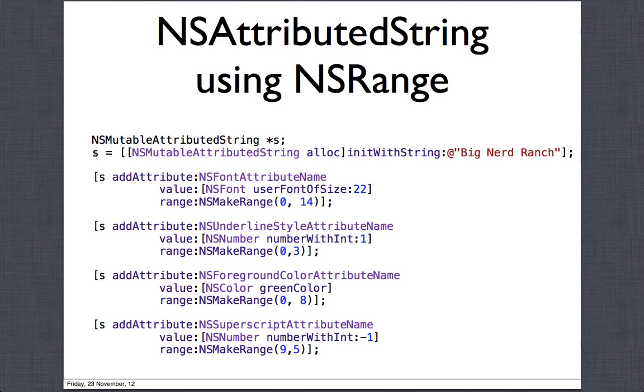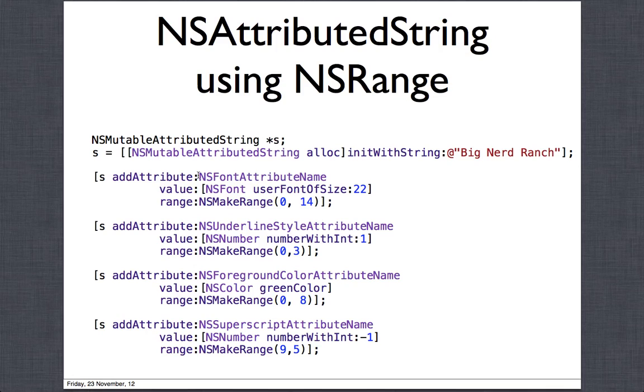So in this example, we're creating a new NSMutableAttributedString, and think of this just like an NSString, but you can have different attributes for different symbols. We create it with alloc, and then initialize it with some string, and we just pass this text. After that, we say for this object, add attribute, and then we pass the attribute we want to change.